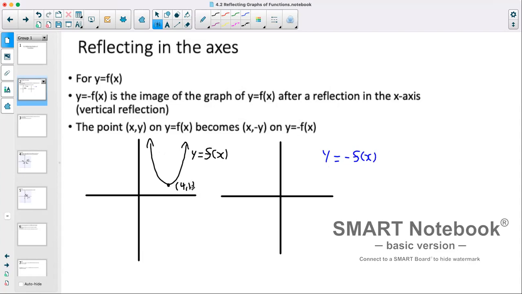So that makes all of our y values change their sign. So if we had a vertex at (4, 1), our new vertex would be at (4, -1). And like I said, it would be reflected over the x-axis. So essentially every y value changes its sign. So if we have a negative in front of our function, it is a reflection over our x-axis.